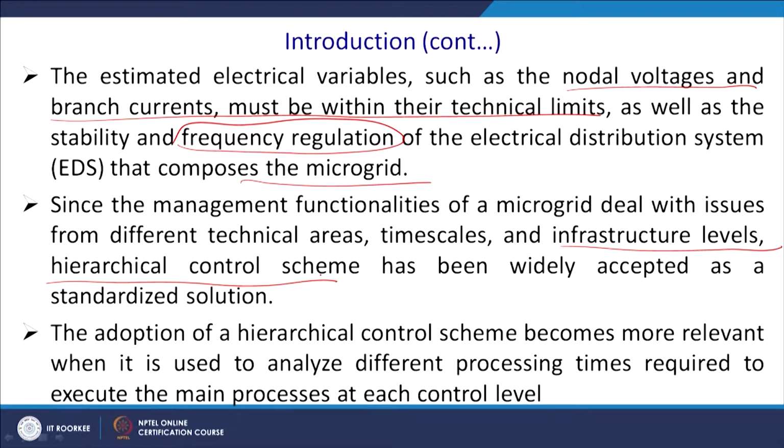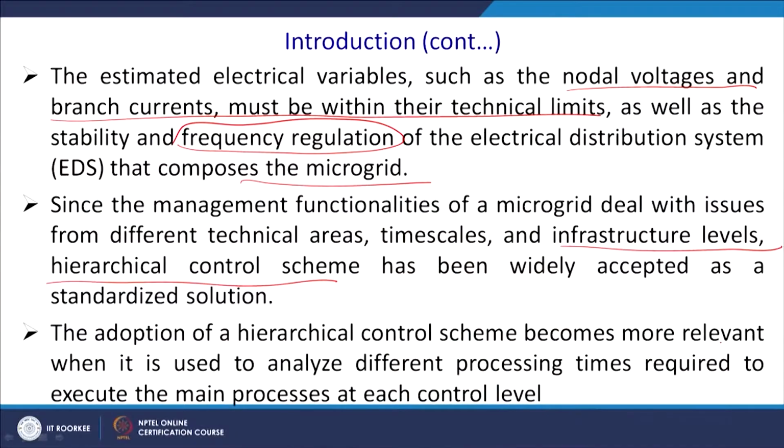So, who will control what? Local control will be there, to some extent if there is communication between two microgrids. They will talk with each other, and at the upper level, in the DNO, there will be another hierarchy. So, adoption of hierarchical control schemes becomes more relevant. Please note our different kinds of control systems: master slave, peer to peer and hierarchical control.